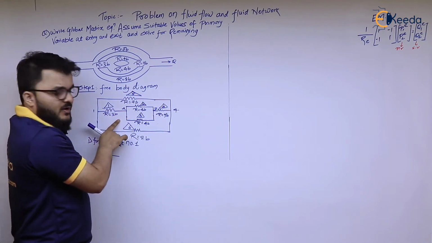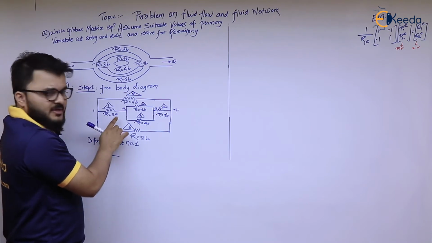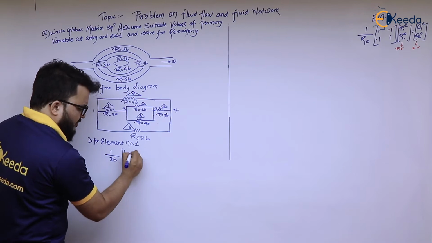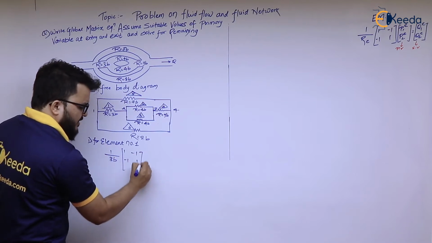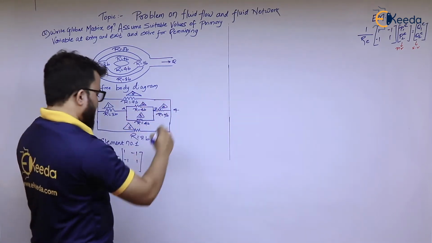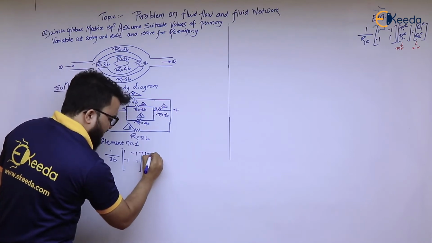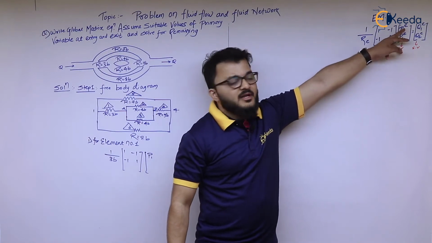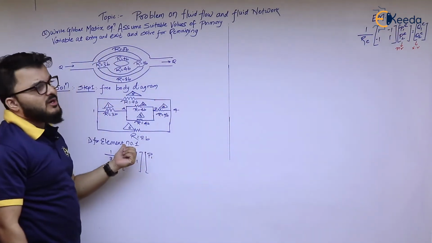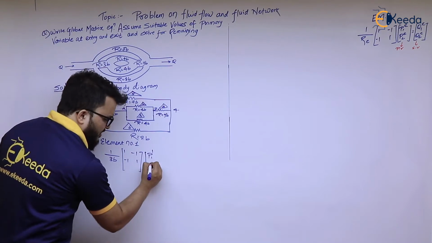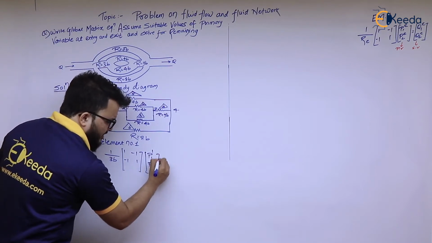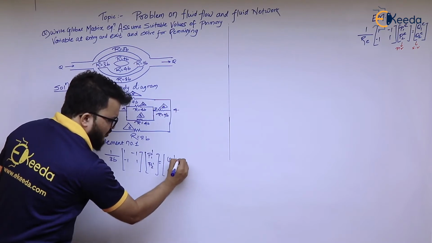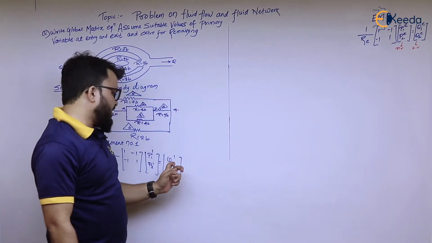For element number 1, my Re is 3B, so I write 1 upon 3B [1 -1; -1 1] into P1E, P2E, where E denotes the element number. Since the element number is 1, I write P1 1, P2 1 equals Q1 1, Q2 1. So this is for element number 1.